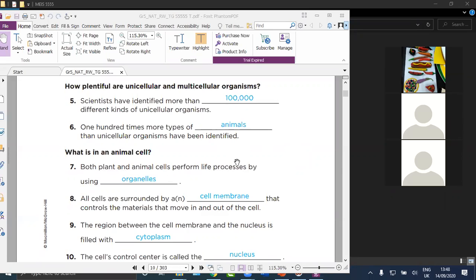Hamza, start number 7. All cells are surrounded by a cell membrane that controls the materials that move in. Mister, this question we didn't have in the book.